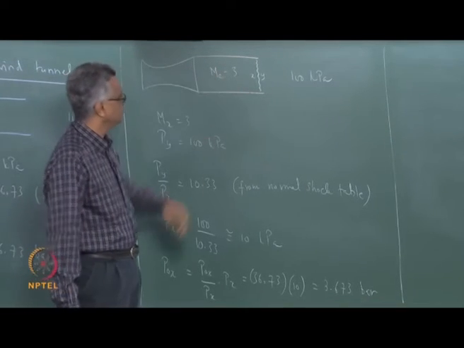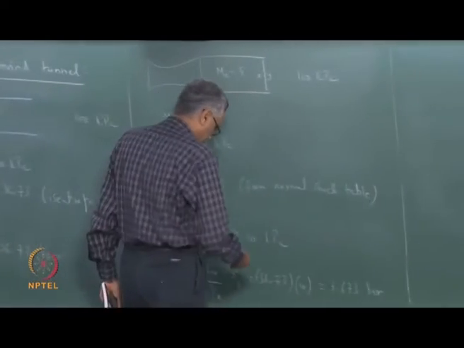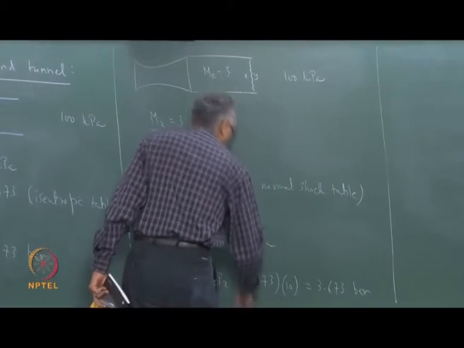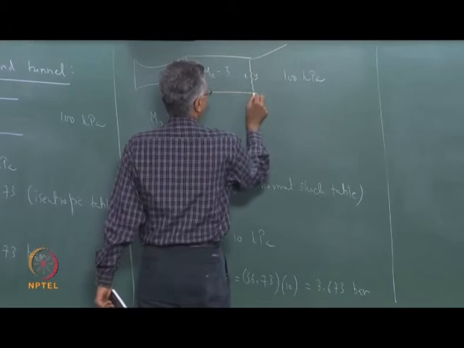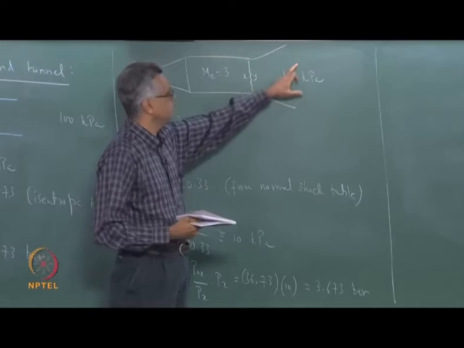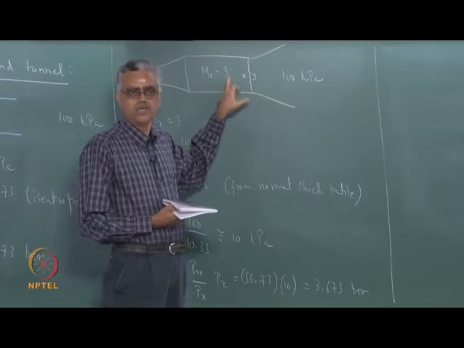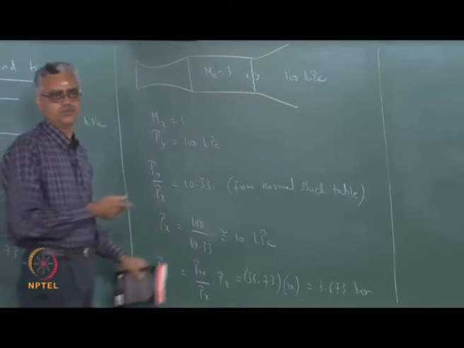In fact, I can make this even better if I add a diffuser to this. I can add a diffuser to this section like this, and if I diffuse the flow, then there is going to be another increase in pressure across this, which means this can operate at an even lower pressure. So there will be a marginal increase if I add a diffuser.